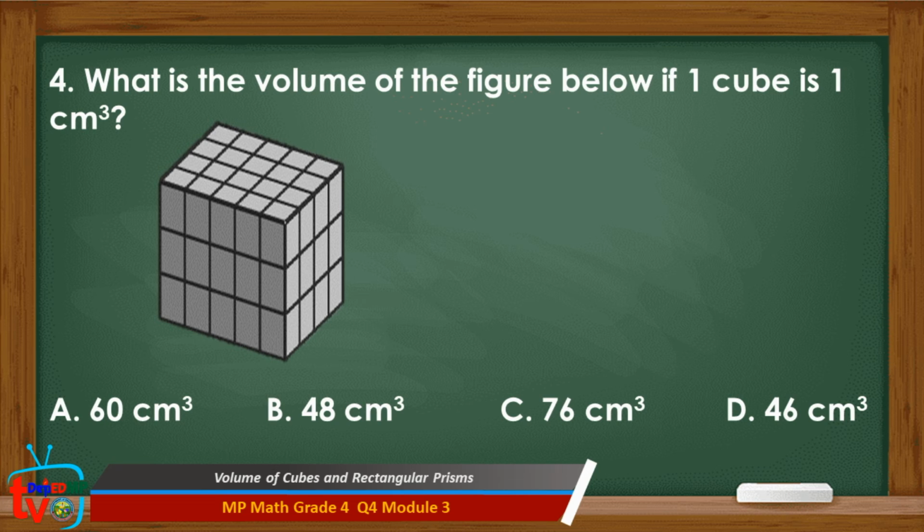What is the volume of the figure below if 1 cube is 1 cubic centimeter? Letter A, 60 cubic centimeters. Letter B, 48 cubic centimeters. Letter C, 76 cubic centimeters. And letter D, 46 cubic centimeters.